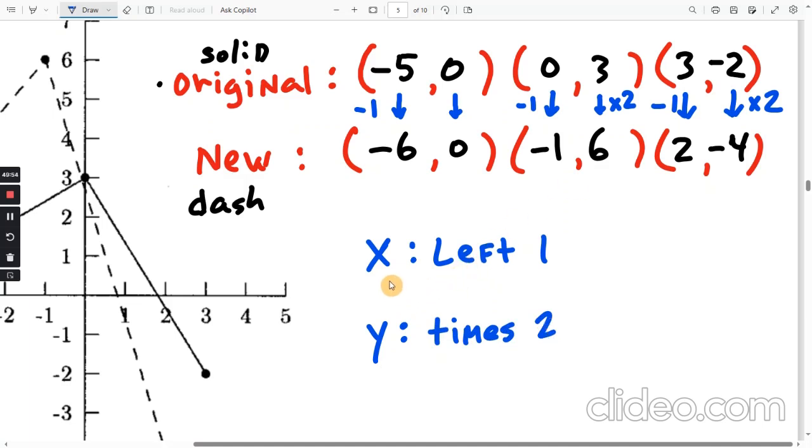Now, remember, for the x, when you go left, it's reversed. So in order to go left 1, you have to do plus 1 on the x. But for the y times 2, that's exactly how it is. It's just times 2 on the y.